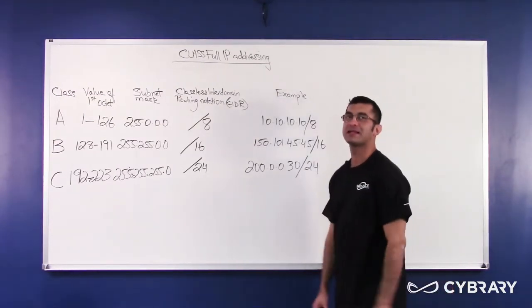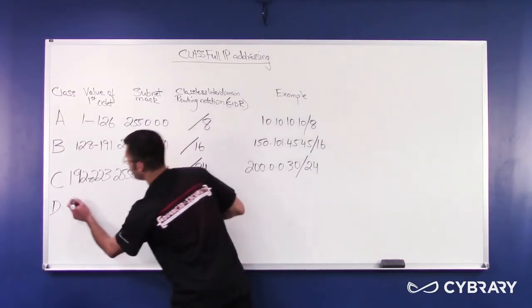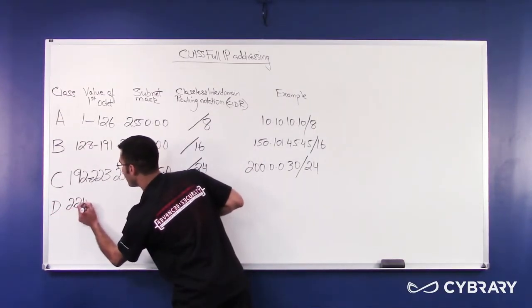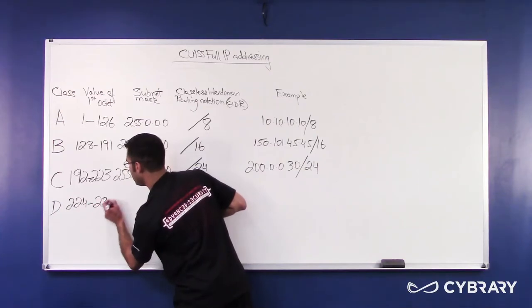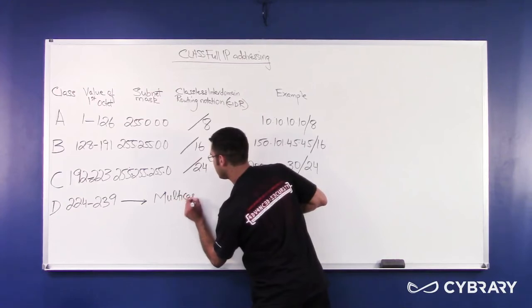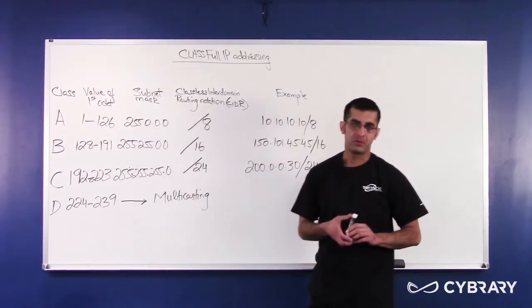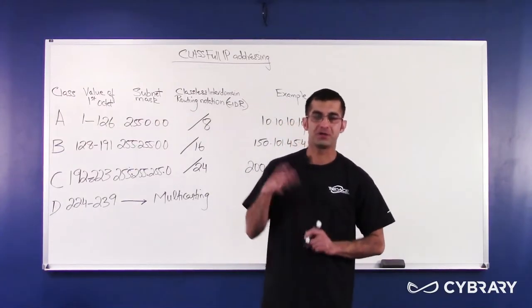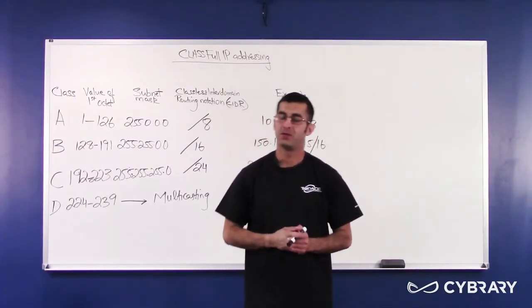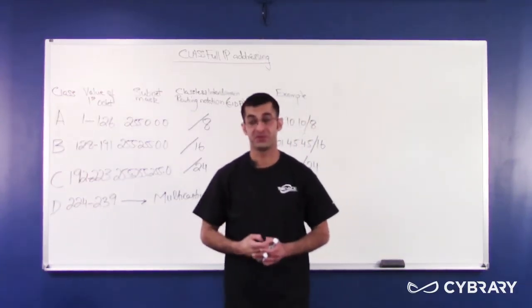Then there's also class D. Class D addresses range between 224 and 239. Class D addresses do not have a subnet mask, and they are used in multicasting. Now, we all know what a unicast is. A unicast is one-to-one transmission. We know what a broadcast is. It's like junk mail, one-to-everybody transmission.